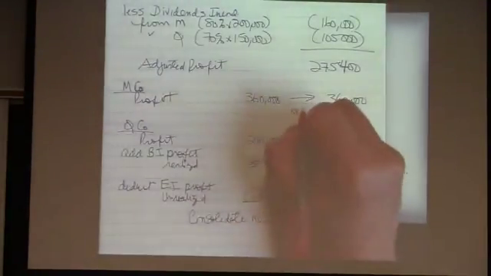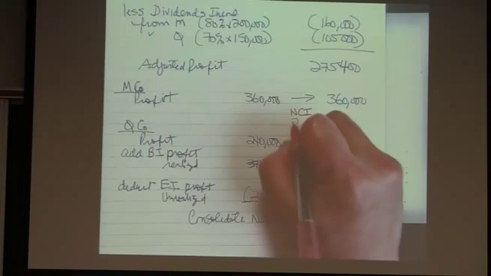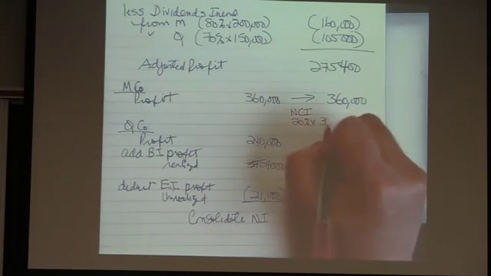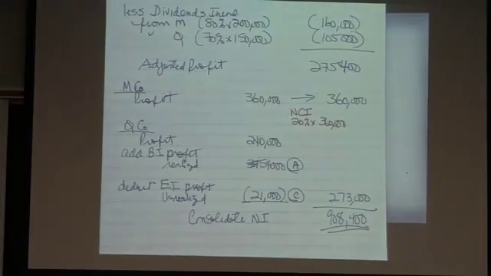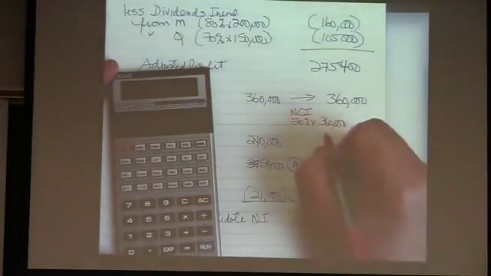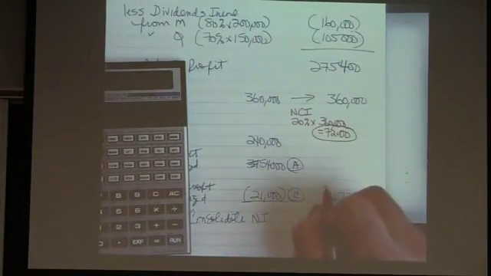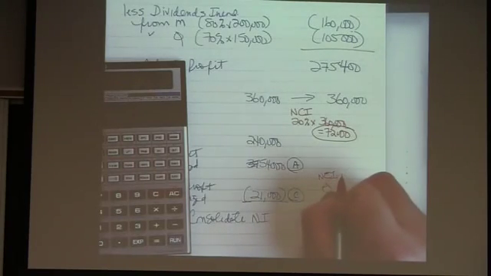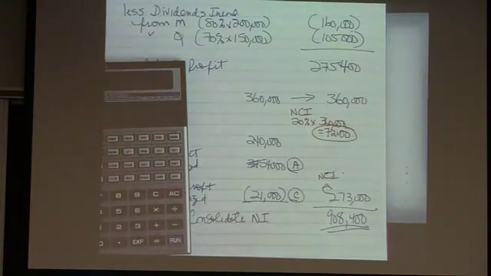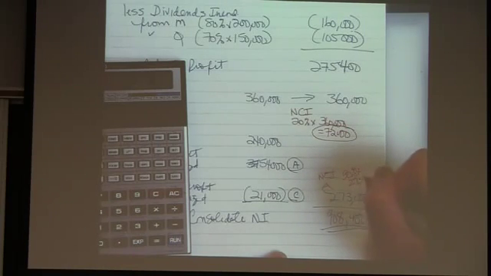So we know that NCI is, now we own 80%, so NCI is 20% times 360. Okay, so 360 times 0.2 is 72,000. I could have figured that out myself. And NCI, how much do we own? We own 70%, so this would have been 30% times 273.